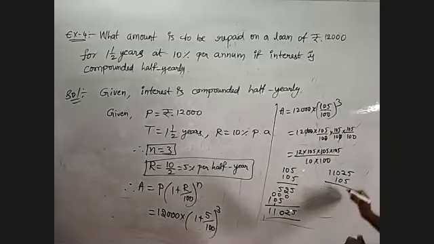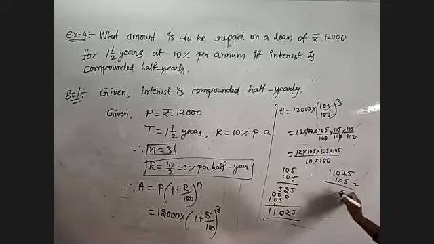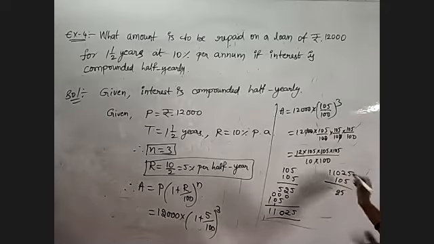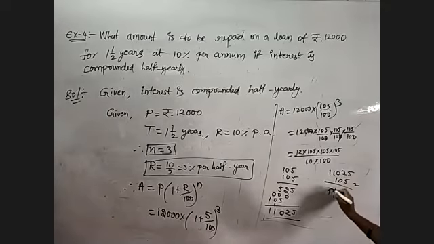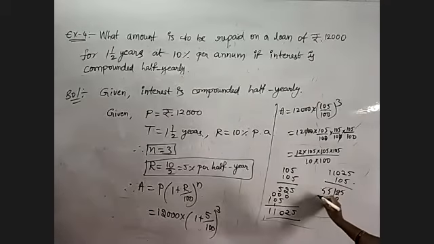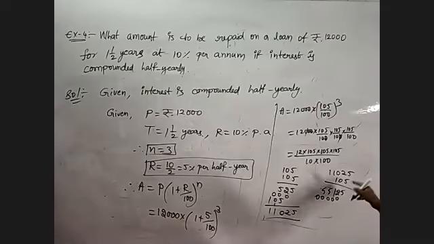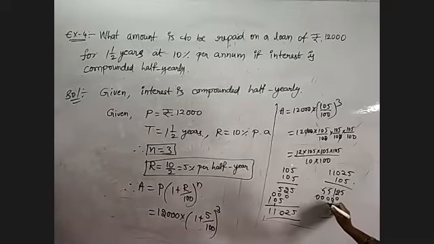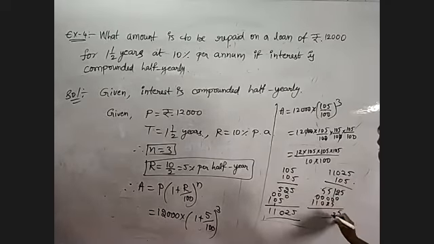Okay, so 5 5s are 25, 5 2s are 10 plus 2, 12, and 5 0s, 0, plus 1 is 1, 5 1s are 5, 5 1s are 5, and 1 5s are 5, 2 0 1 1, 5 2 6 7 5 1 1.